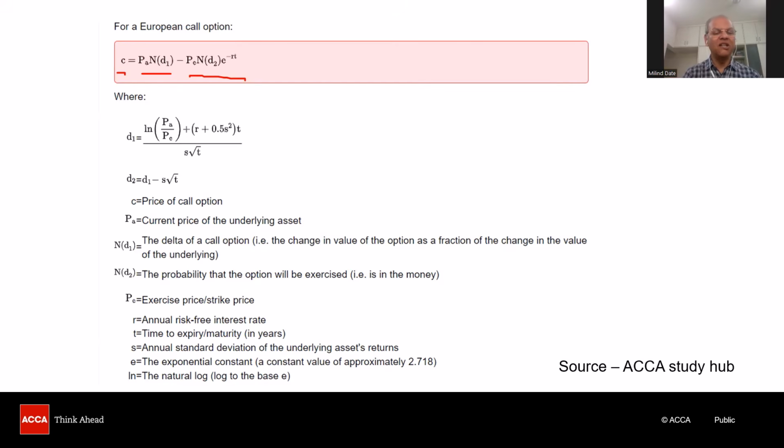r, of course, is the risk-free rate of return. Time is always stated in terms of number of years. So if it is 3 months, it is 1/4 year. 4 months is 1/3 of a year. What is crucial in the examination for you is to correctly identify those 5 variables, PA, PE, r, T, and standard deviation, which is volatility.